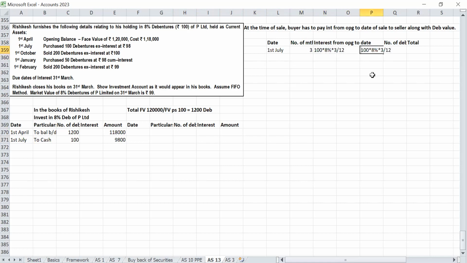How much interest? 2 rupees, sir, for one debenture. How many debentures? 100 debentures, so 200 rupees. He has to pay 200.